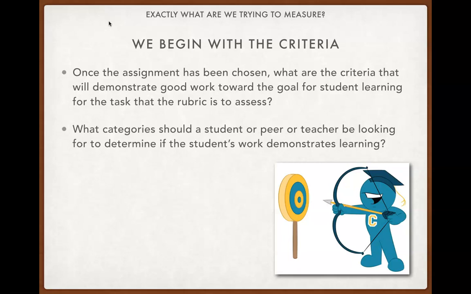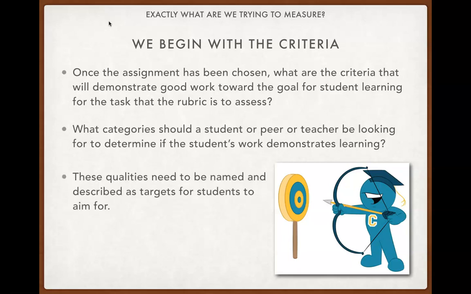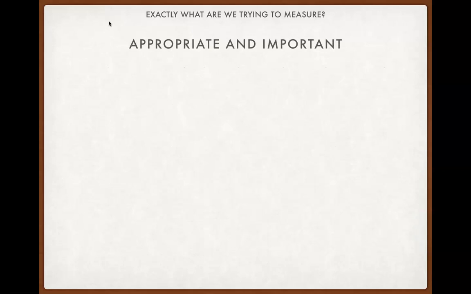And so we need to be very particular about those criterion as we choose them. These qualities need to be named within that column, and described, and we'll get to that part later, as targets for students to aim for. And so we want to essentially categorize what the student learning needs to be. That's what our criteria are.